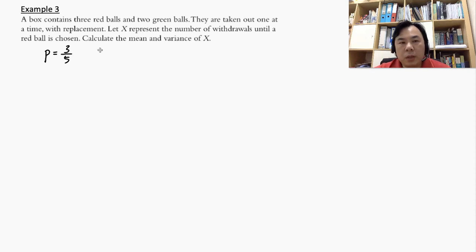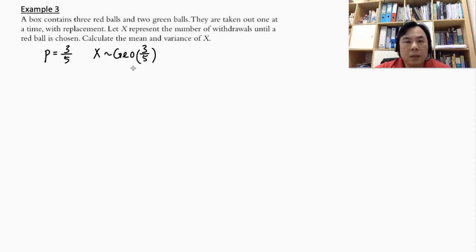And then we know that this is a geometric distribution. X represents the number of withdrawals until a red ball is chosen. So therefore, this is a geometric distribution with the probability of success equal to 3 over 5 here. Okay, I hope that's clear.